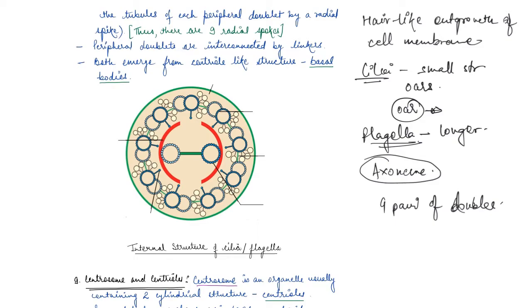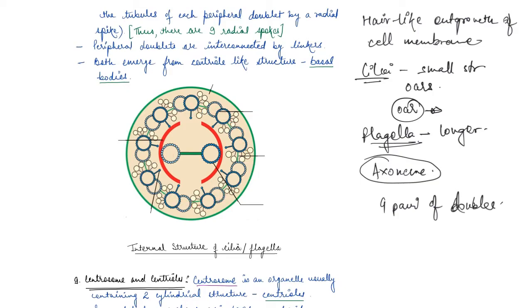So what I said was that they have 9 pairs, 1, 2, 3, 4, 5, 6, 7, 8, 9. So 9 pairs of doublets of radially arranged peripheral microtubules, right?